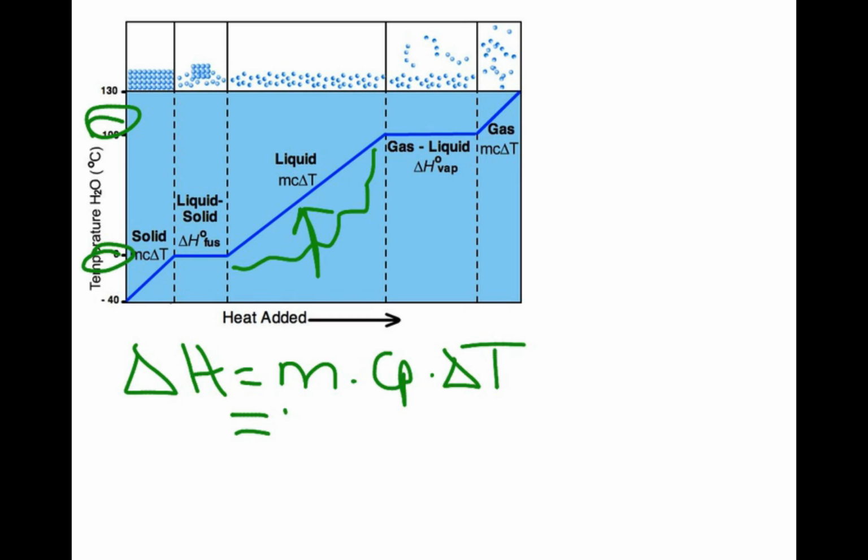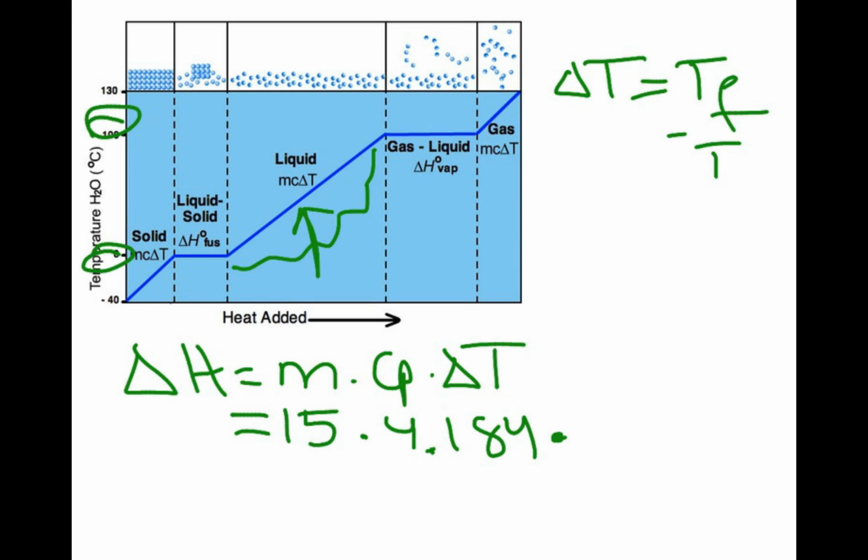The mass is 15 grams times the heat capacity, which is 4.184 or 4.2 if we round. What's delta T? Delta T is final minus initial. Well, the final temperature is 100 minus my initial temperature, which is 0, so we're going to get 100 degrees Celsius.